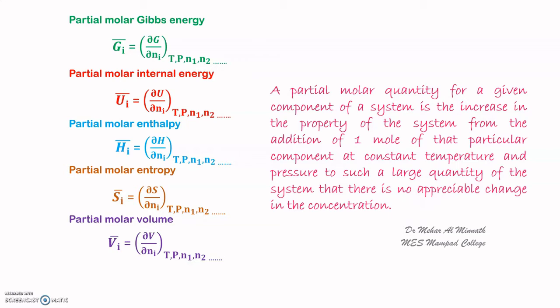When you change the quantity of one component, the net concentration of the whole system is not changing. There is no appreciable change. Then you get the term partial molar quantity.